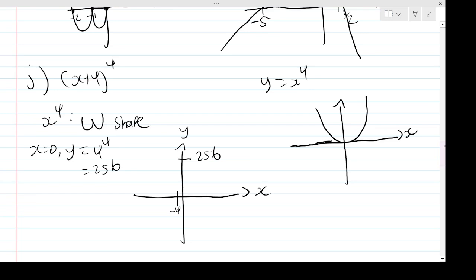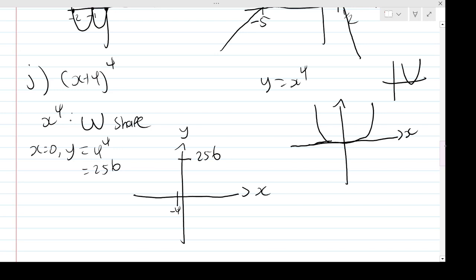Basically, it looks like an x squared graph in a way. Actually, no, it's a bit more sudden with a drop. So it looks a bit like that. It's slightly more elongated. It's not like x squared where it's like that. It's slightly more stretched out.